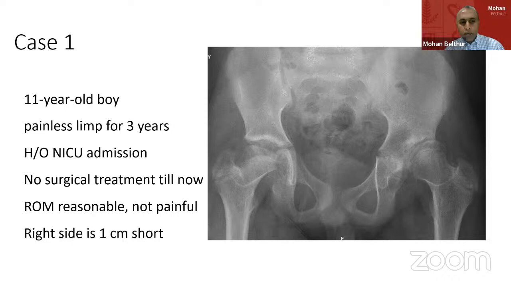And we need to understand more about the function of the child. You can't say range of motion is reasonable, because when you're planning these osteotomies, you need to know exactly how much abduction, adduction, flexion, extension, and rotation there is. We can't just work on being reasonable. We have to have clear numbers.